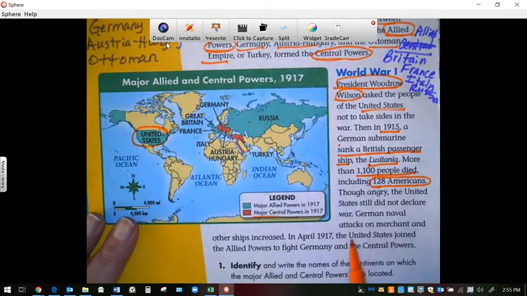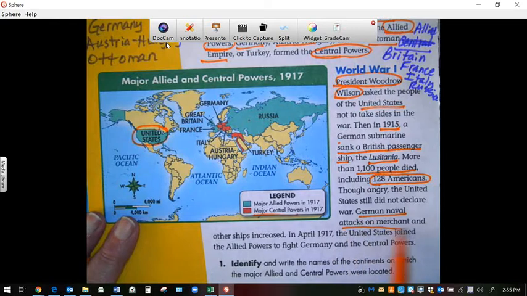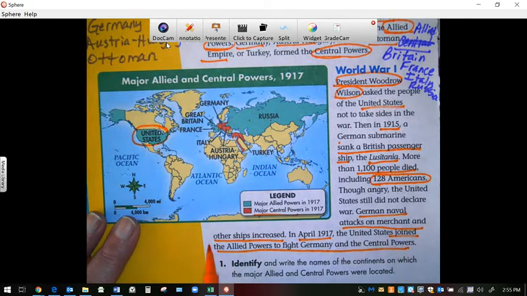German naval attacks on merchant and other ships increased, and in April 1917, the United States finally joined the Allied powers to fight Germany and the Central Powers. So not until 1917. And the war started in 1914.